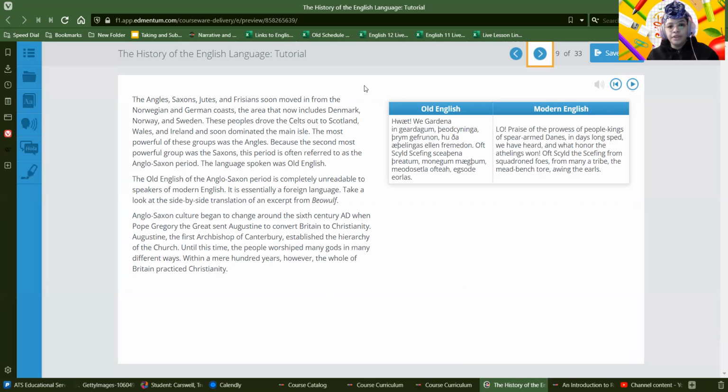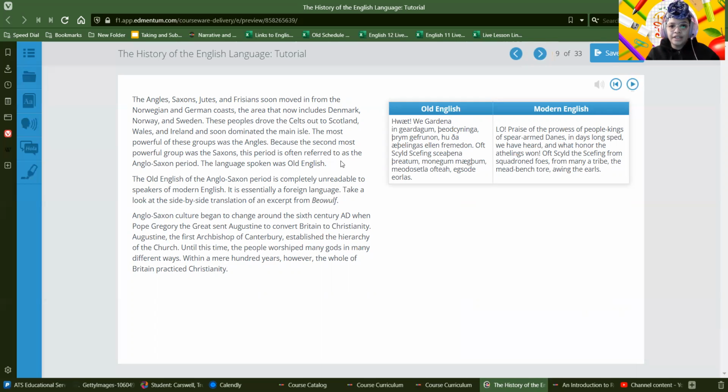So you'll hear a lot of the Anglo-Saxons mentioned in this lesson. And part of the reason why is because of all of the groups that they listed here, the Angles, Saxons, Jutes, and Frisians, the most powerful two in order were the Angles first and the Saxons. So both of these groups together are called Anglo-Saxons.